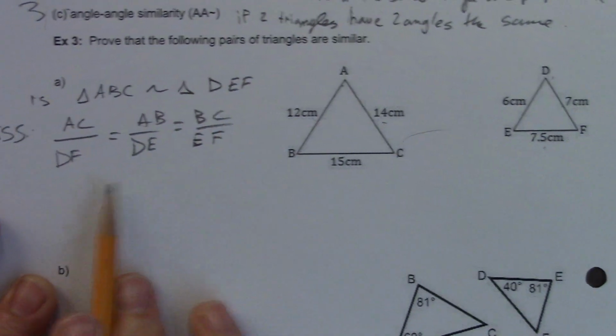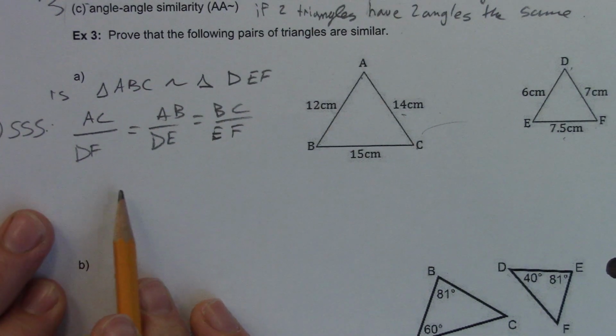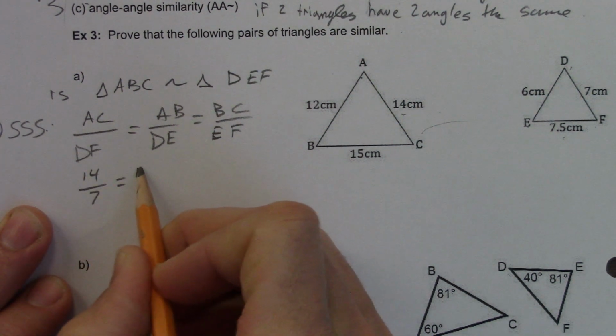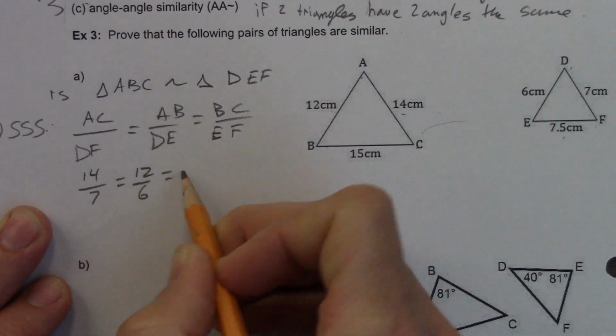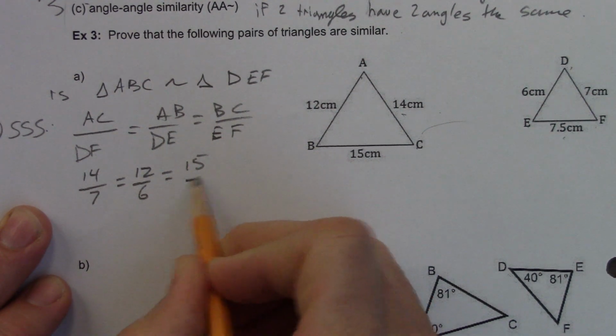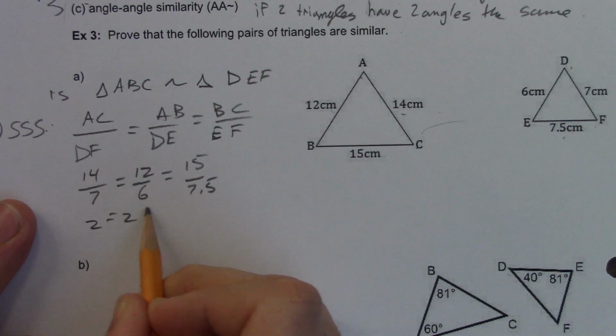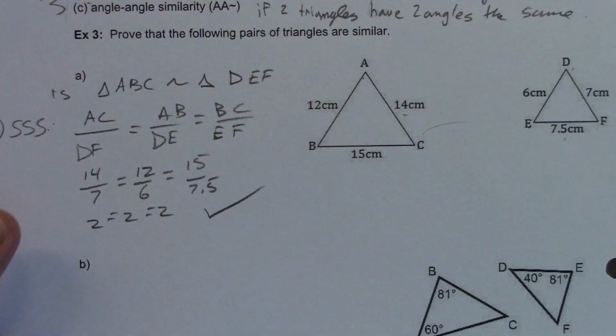That's what I'm checking. So then I just sub these in. 14 over 7 is equal to 12 over 6 is equal to 15 over 7.5. So this is 2 is equal to 2 is equal to 2. Yes, they are.